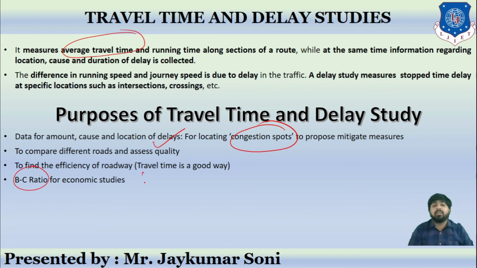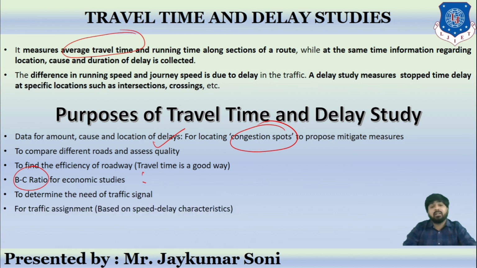Benefit cost ratio means to check whether this road is providing revenue to the government as well as whether it is providing benefit to the people or not. That is called the benefit cost ratio, also called a feasibility survey. Then to determine the need of the traffic signal, and based on the speed delay characteristic, the traffic assignment can also be done.